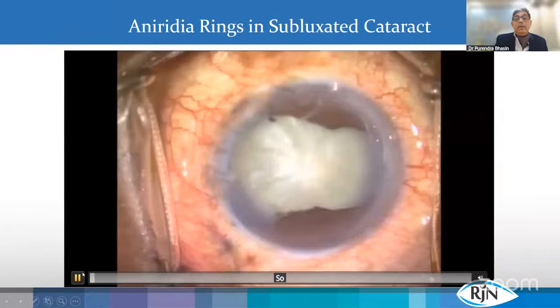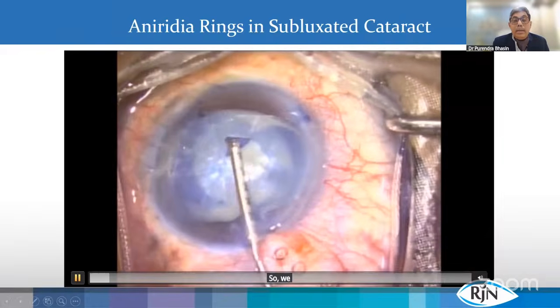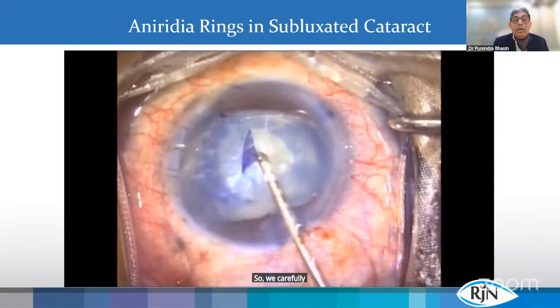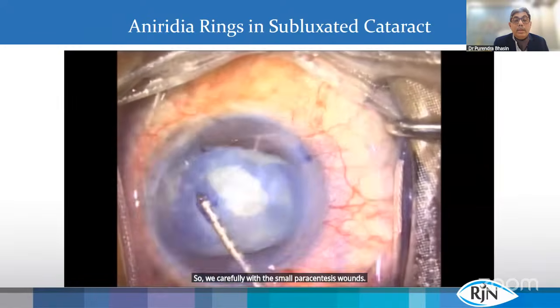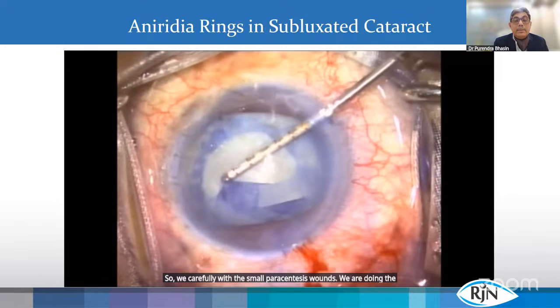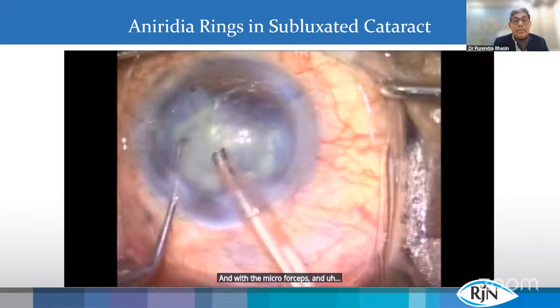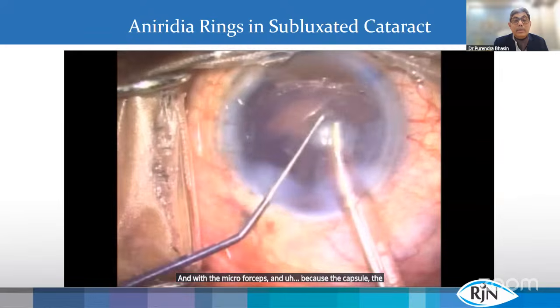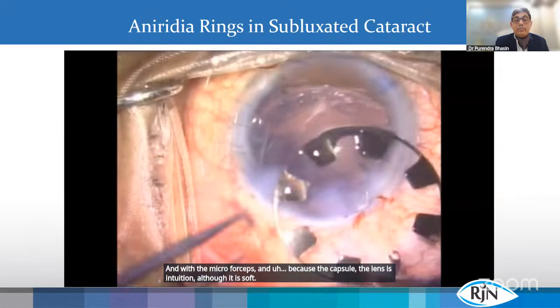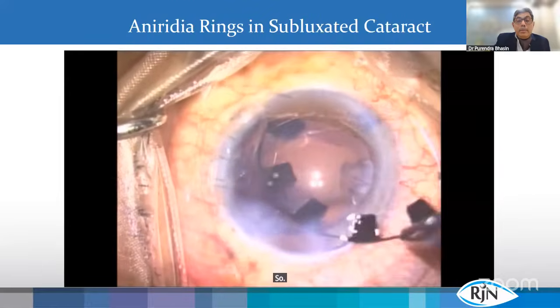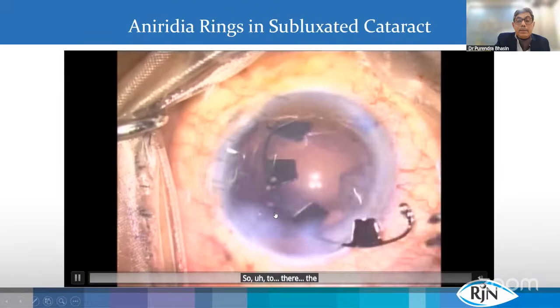So carefully, with small paracentesis wounds, we are doing the capsulorhexis with the microforceps. And because the lens is intumescent, although it is soft, the iris is deficient in this region.